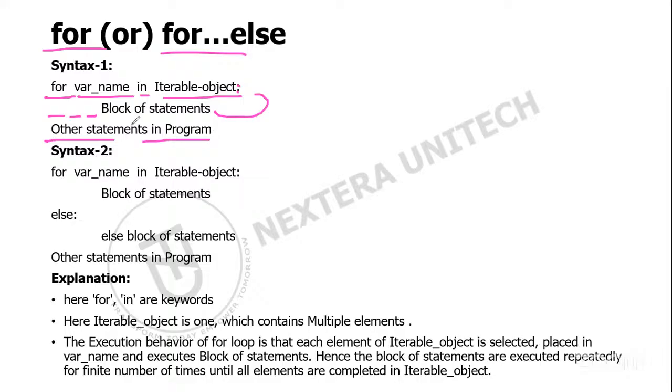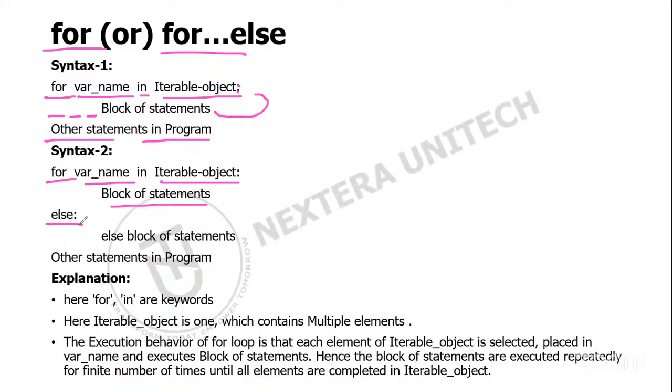This is syntax 1. We also have other syntax for loop. It is same as the earlier syntax: for variable name in object name, nothing but the iterable name. So it executes the block of statements for n number of times till the condition becomes false.